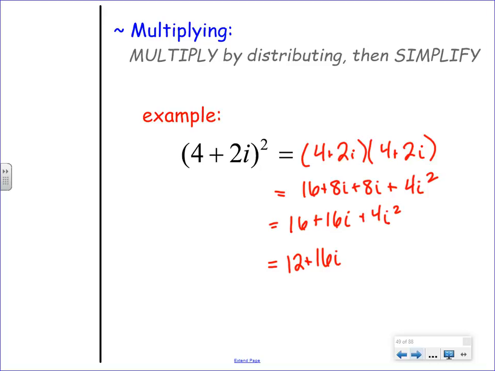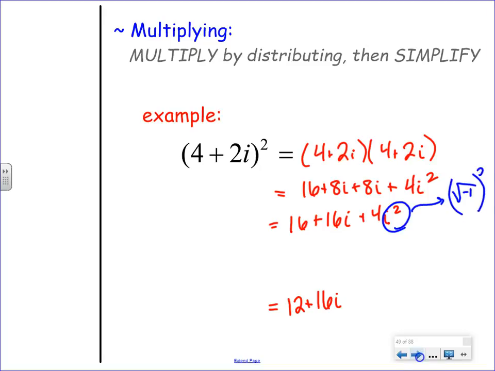That doesn't make sense unless we review who i squared really is. i squared would be the square root of negative 1 squared, right? Who is i? Square root of negative 1.